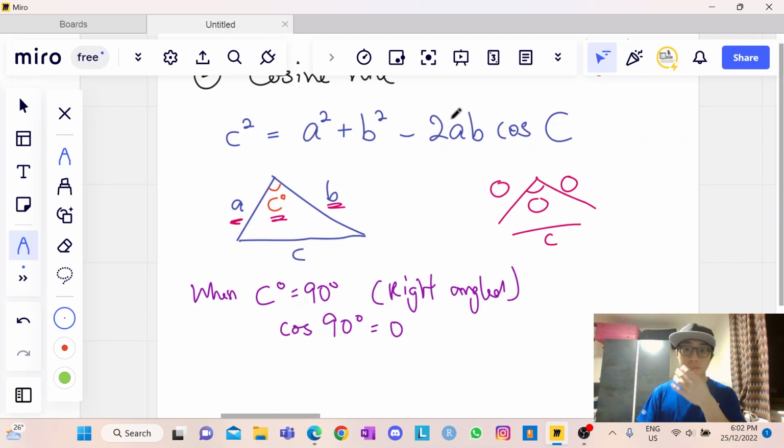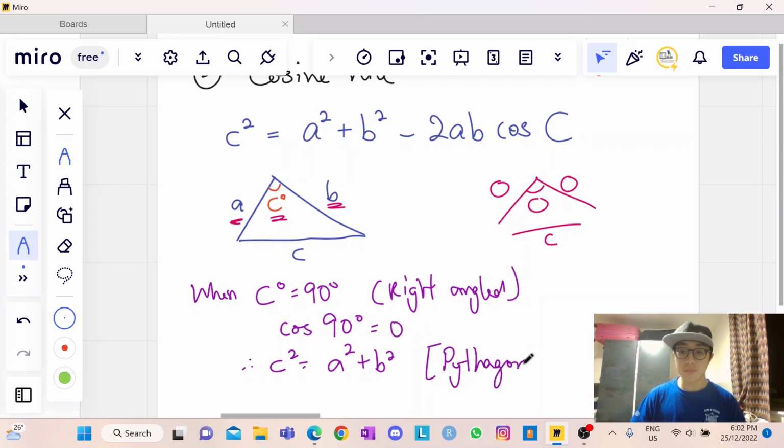Therefore, this whole term right here will give you 0. You will be left with c squared is equal to a squared plus b squared. And this is the Pythagoras theorem. You are pretty familiar with this Pythagoras theorem. So this is how you look for a cosine rule.